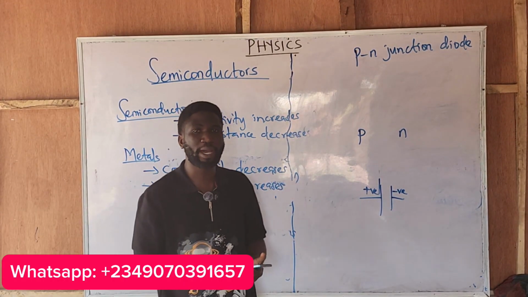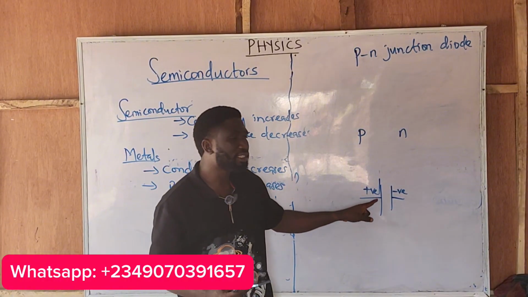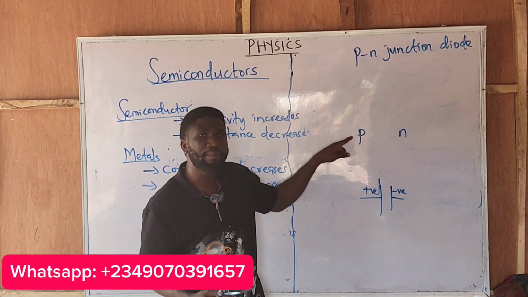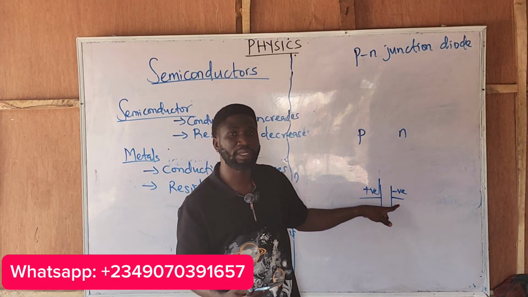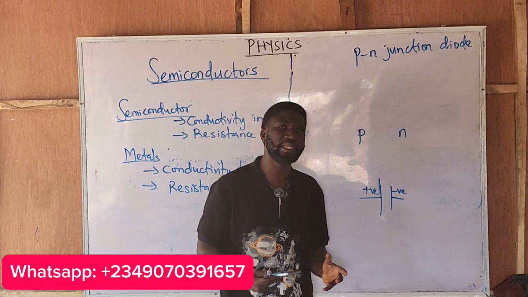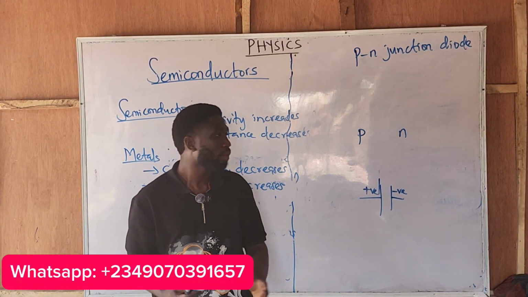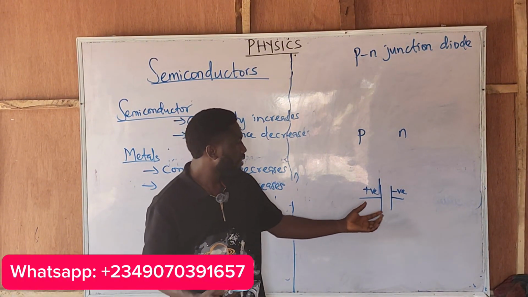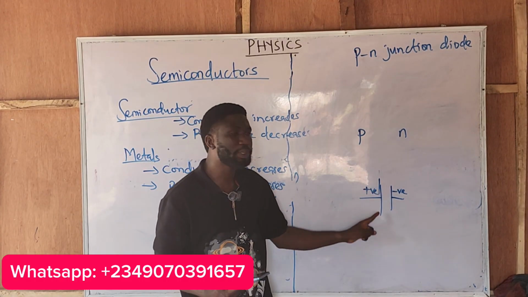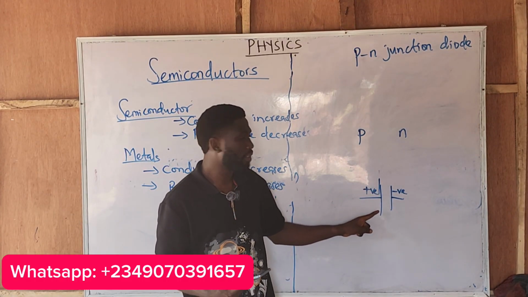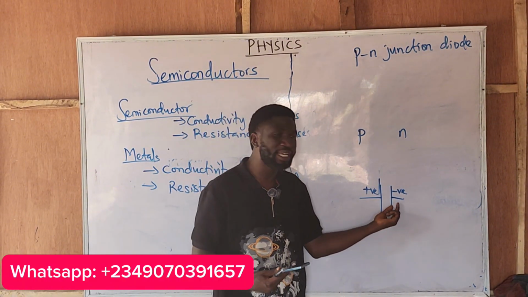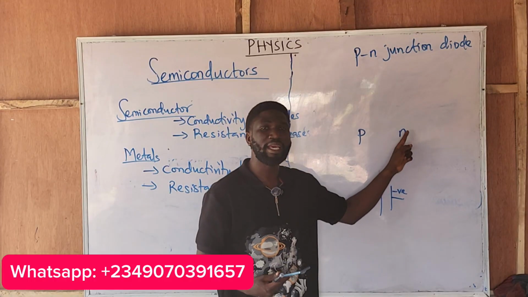For the forward bias, the positive terminal is connected to the p-type semiconductor, and the negative terminal is connected to the n-type. Let me say this again. For the forward biased, the positive terminal of the battery or cell is connected to the p-type, and the negative terminal is connected to the n-type.